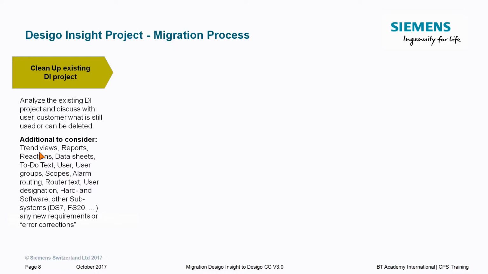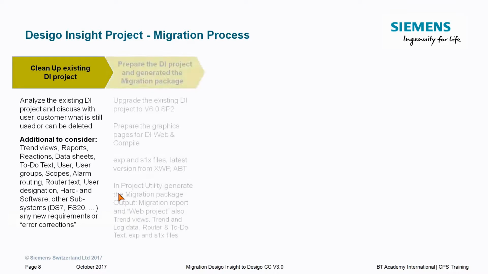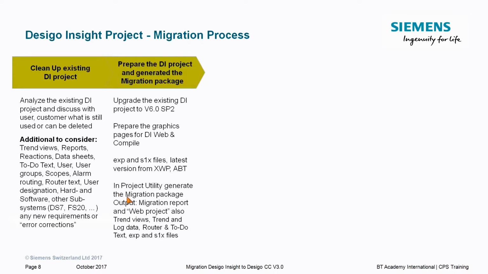Before you start to reconfigure them in the Desigo CC, have a look with the customer if he really needs all the trend views. Reports, reactions, data sheets, to-do text, user groups and scopes, alarm routing, router text, user designation, and so on and so on. Then, this is basically the same workflow as we have for the graphics.